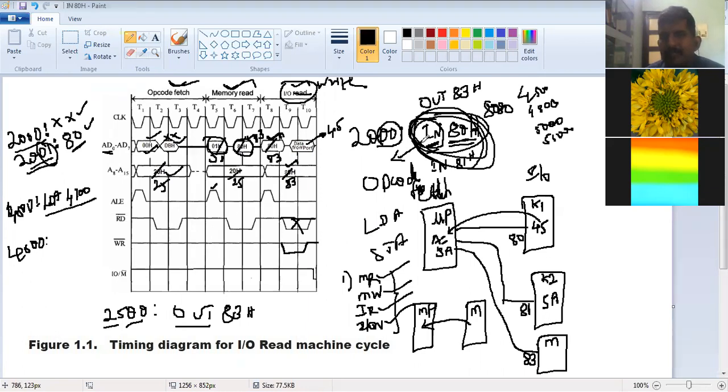Because by reading this instruction in 80H, your data is not going to be transferred to the memory, or you are not going to get the data from the memory. You are just transferring. IN means getting the data from the keyboard, which is an input output device. Everywhere this IO/M bar will be high. For OUT also it will be high.